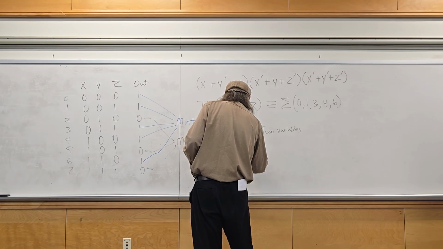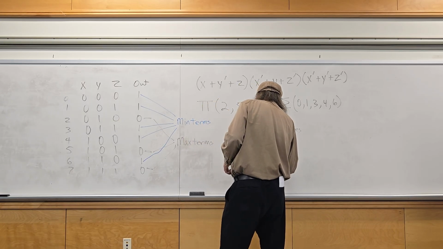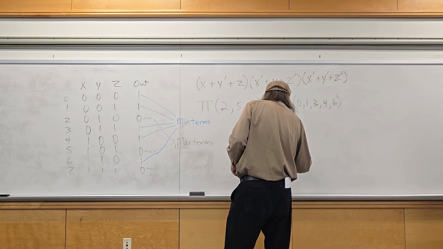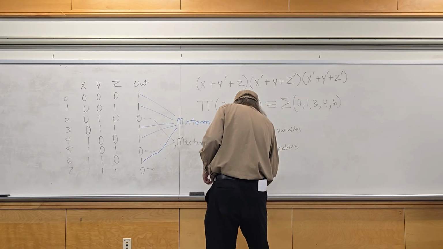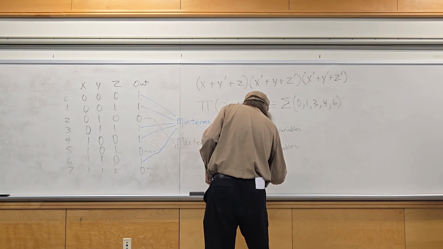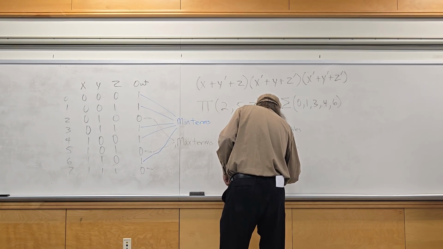Less than or equal to 7, you have 3 variables. Less than or equal to 15, you have 4 variables.